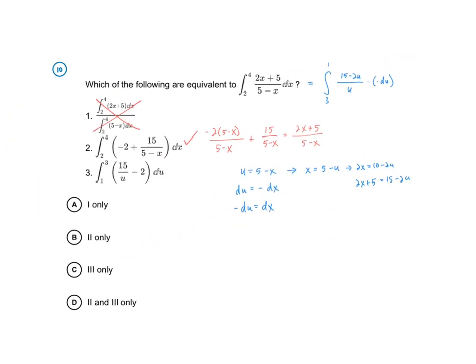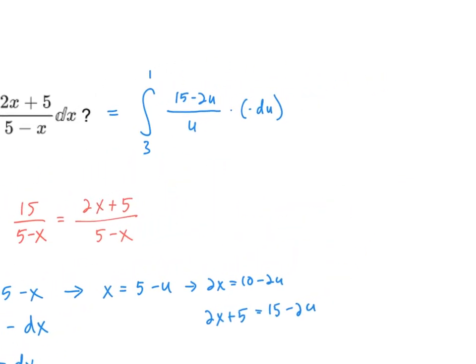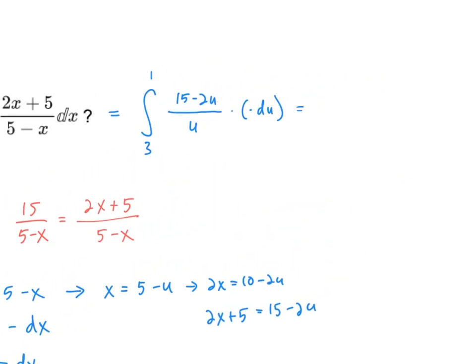Okay, so these limits are different. So now to get this limit to be the same as those, we can switch these and then change the sign, but this is already a negative, so this negative just becomes a positive once we switch the limits.